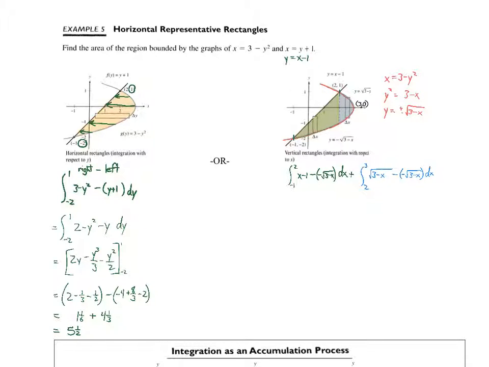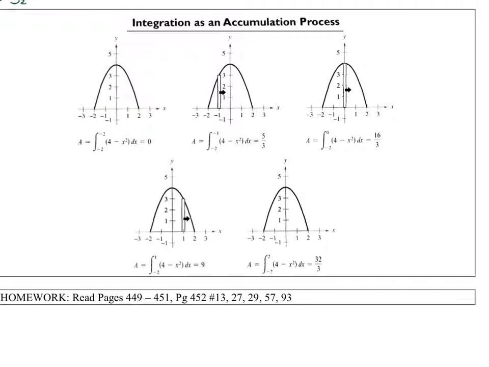Okay. All right. This down here is just a quick reminder that our integration is an accumulation process. This is why when we were taking, say, the integral of a velocity over the interval, that was giving us a total distance traveled on that interval of time.